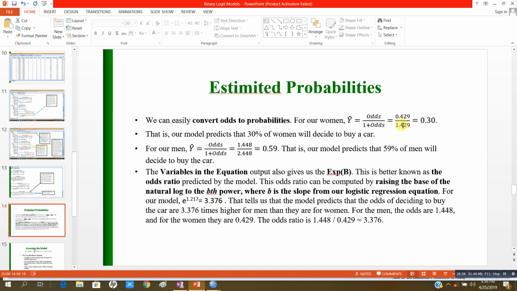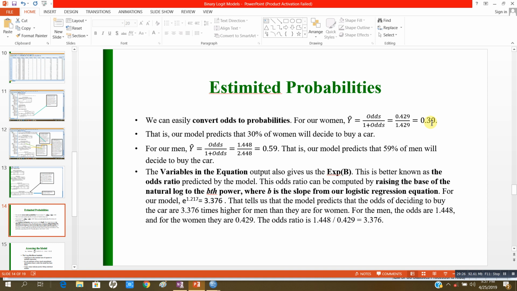That is, our model predicts that 30% of women will decide to buy a car. It means that there is a probability of 0.30, or 30%, that the women will decide to buy a car. For our men, y hat is equal to odds divided by 1 plus odds.